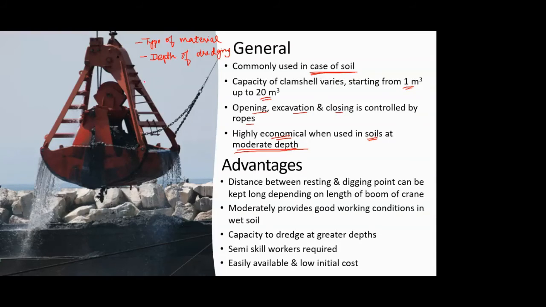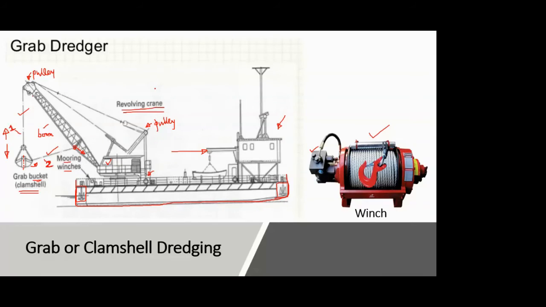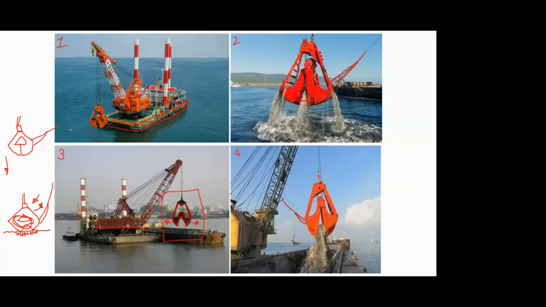Now if you have seen this clamshell dredging, or grab dredging, what it uses is mainly the grab bucket, ropes, and this crane. So the depth up to which this bucket can go totally depends on the load-taking capacity of your crane, and the length of the boom section, that is, how far it is projected, so that the length of the rope is more in that case.